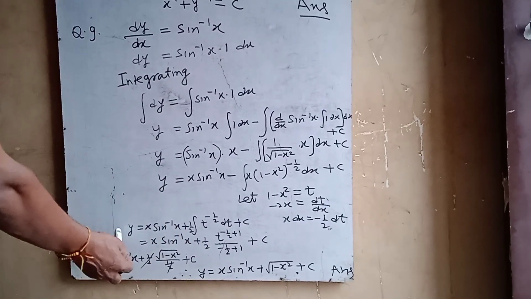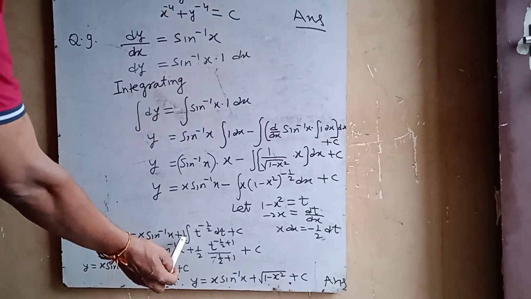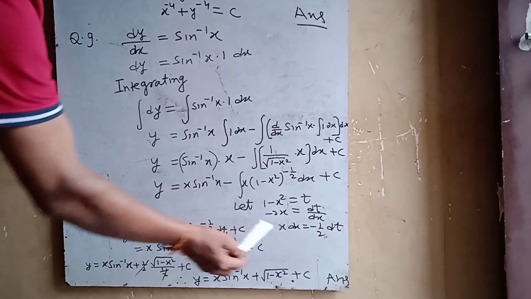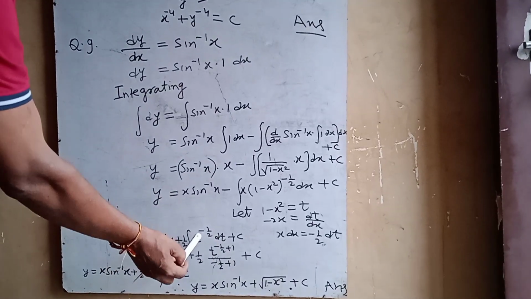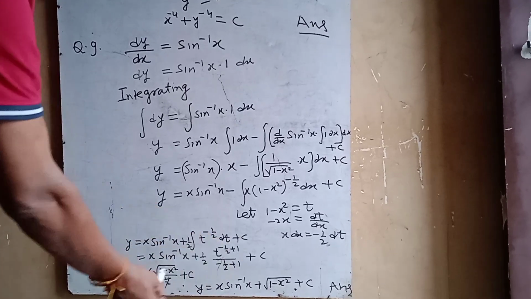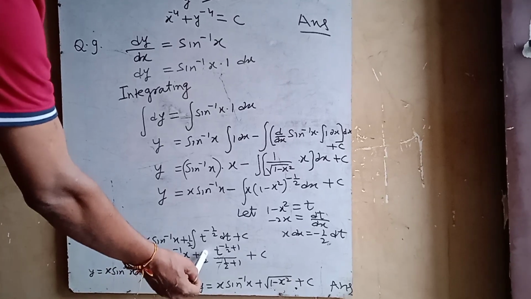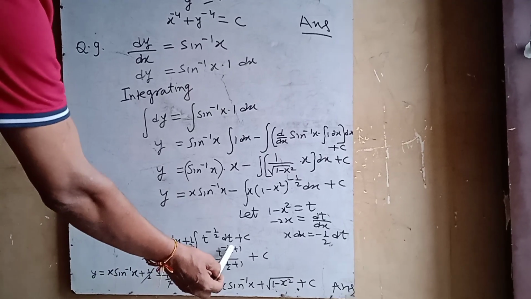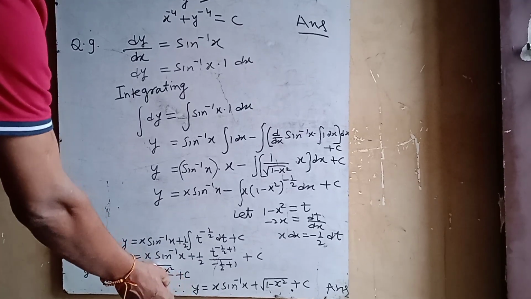So we write here y equals x sine inverse x plus half. Here it is minus half, so this sign becomes positive half, and integration of t to the power minus half dt plus c. So y equals x sine inverse x plus half t to the power minus half plus 1, which will be t to the power plus half.